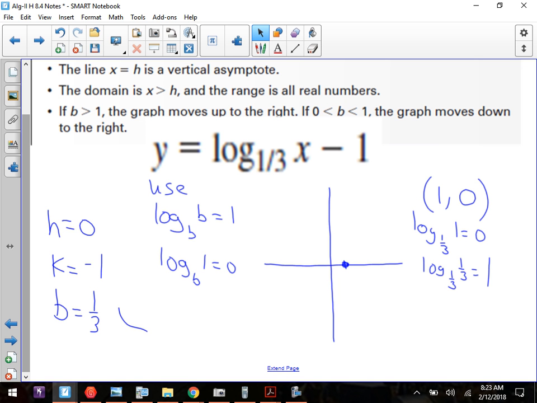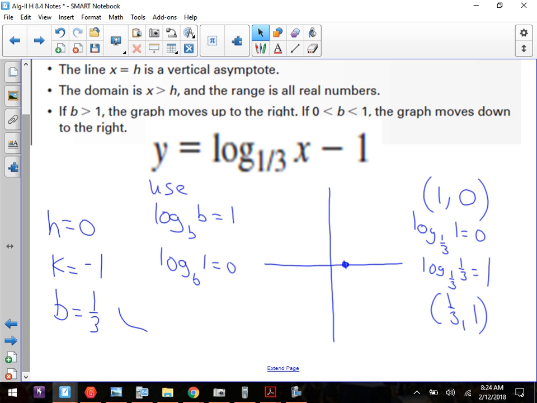I'm looking at my parent function here. My parent function is log base 1/3 of x. My shifted function would be log base 1/3 of x, subtract 1. So at 1/3, it's 1. Well, I know that I have a vertical asymptote where? Vertical asymptote at 0. Because you have a vertical asymptote at h, and my h value here is 0.